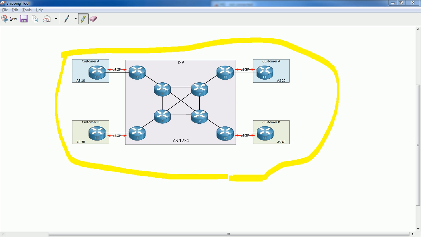To implement our goal, the ISP is running eBGP between CE and PE, customer edge and provider edge. To advertise prefixes, this means on the internet the P routers of the ISP have to run iBGP or they don't know where to forward their packets to.